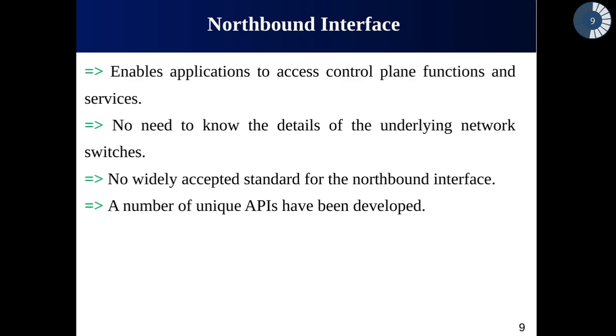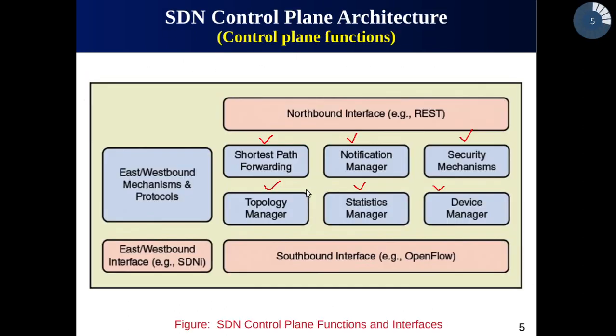Besides the southbound, we have the northbound interfaces, and the northbound interfaces enable applications to access control plane functions and services. This is possible without needing to know the details of the underlying network switches. Abstraction again. Typically this is viewed as a software API. The northbound interface is viewed as an API rather than a protocol.